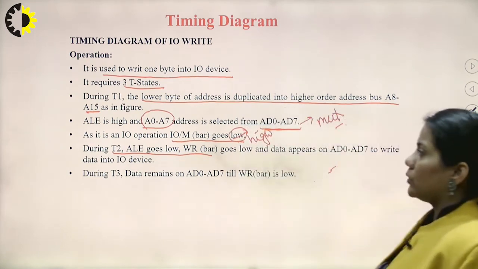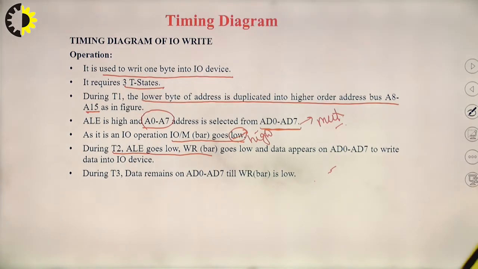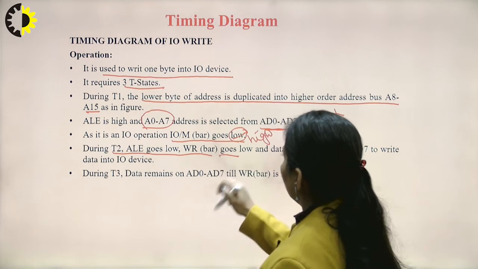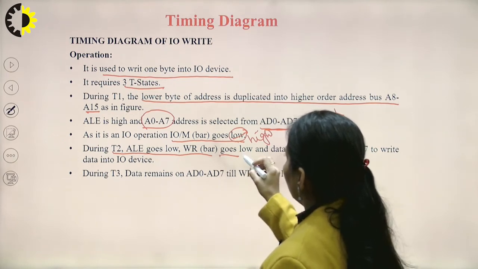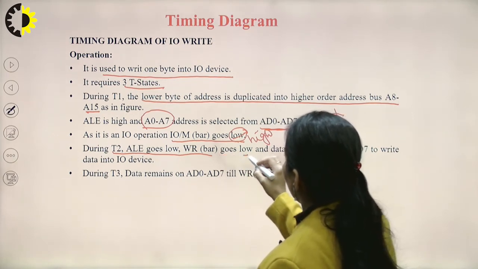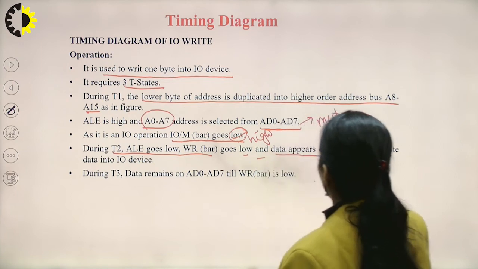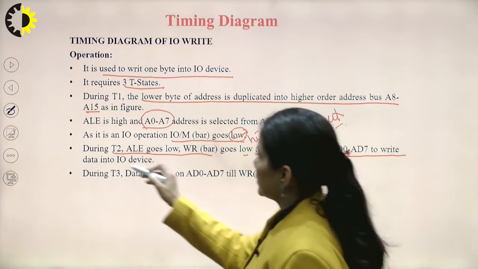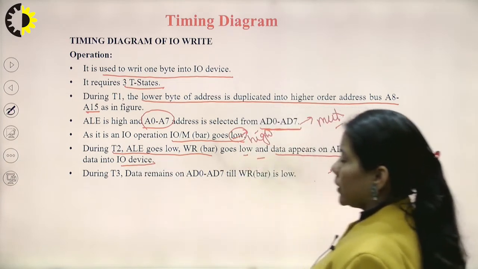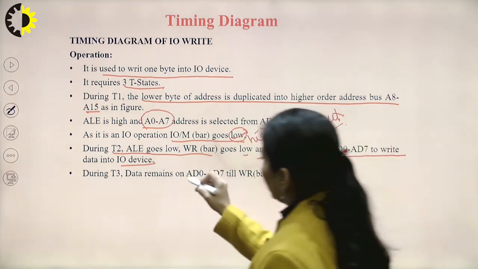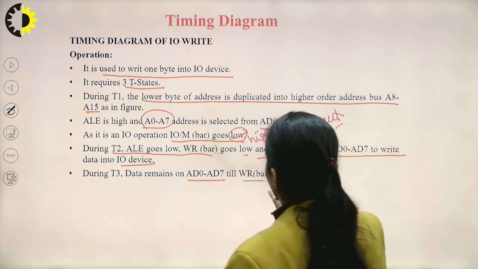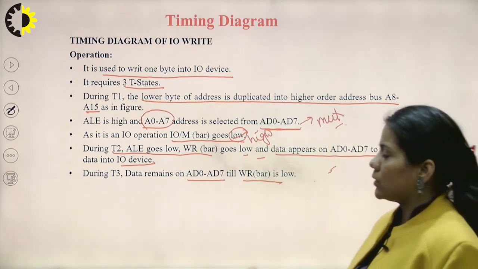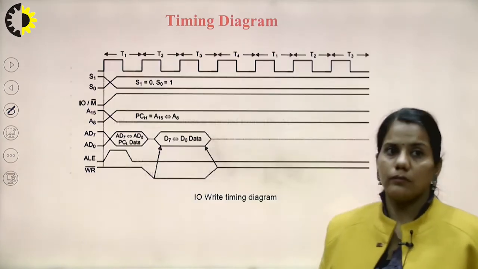So during T2, ALE goes low, the write operation goes high, and the data appears on AD0 to AD7 to write the data into the input-output device. During T3, data remains on AD0 to AD7 until write bar is low. So in this way, the write operation is completed.